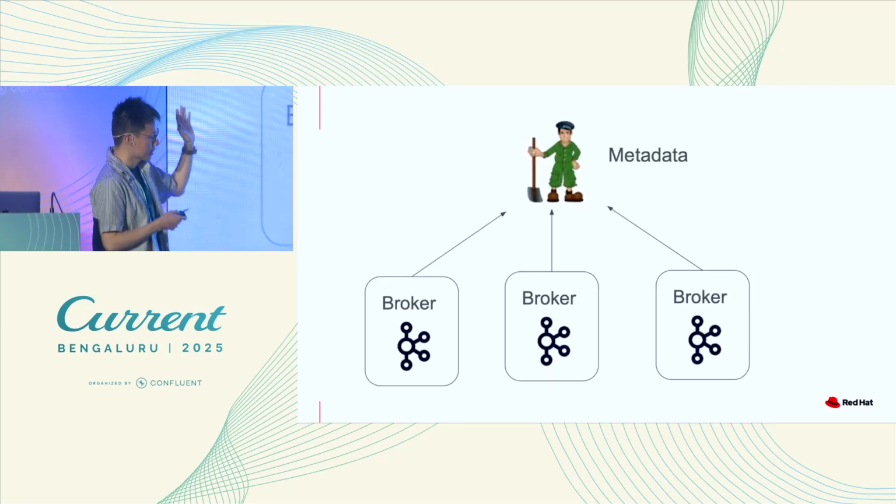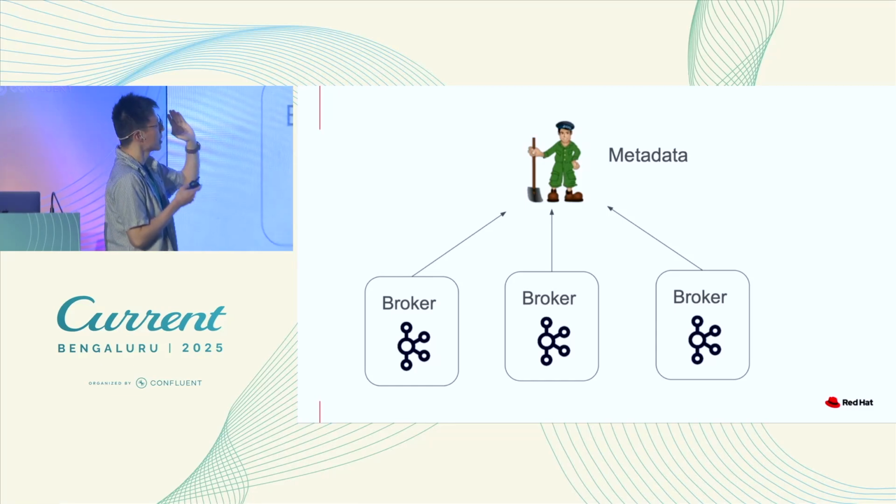So this is the high-level diagram to see Kafka architecture. Basically, with ZooKeeper, all the brokers will connect to the ZooKeeper, and one of the broker nodes will be the controller node, and the controller node will put data and retrieve data from the ZooKeeper.